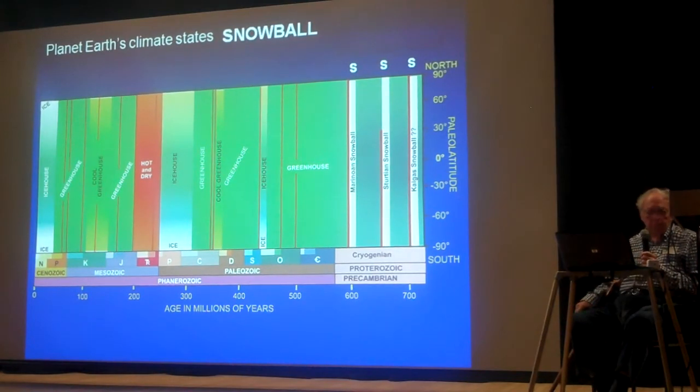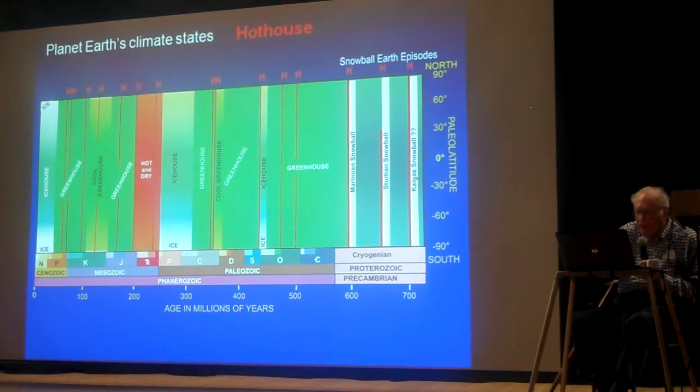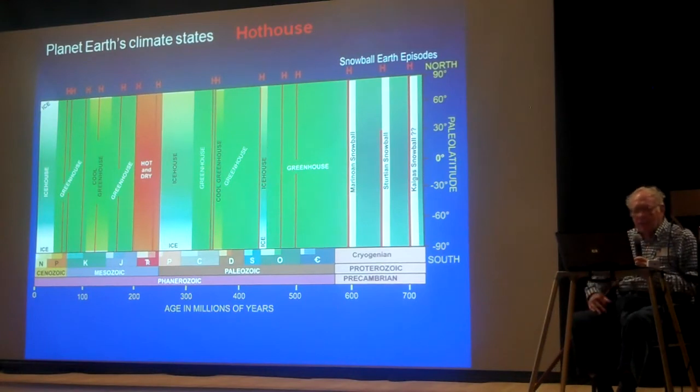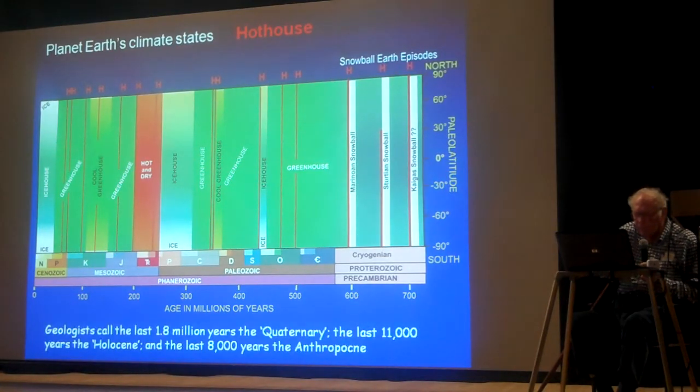More than 500 million years ago, there were episodes in which greenhouse gases got very low and the Earth turned into a snowball. The Earth also has another state called the hothouse state. These hothouse states are extreme warmth, and you really don't want to go there. They last for less than 1 million years, and they're associated with very large injections of carbon dioxide into the atmosphere.